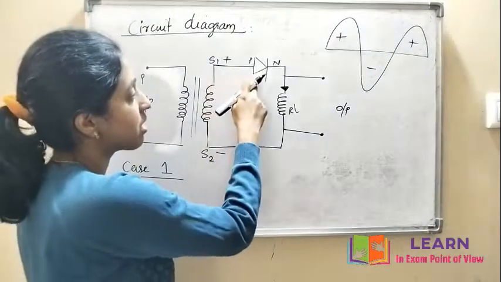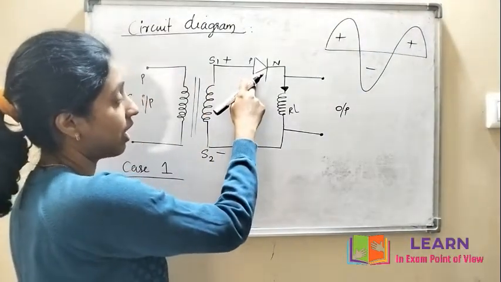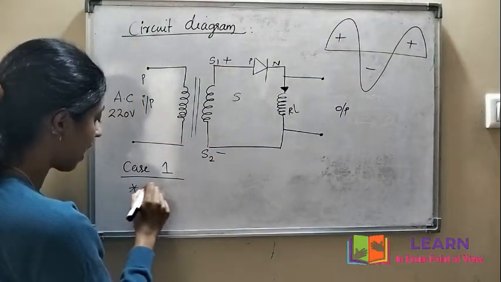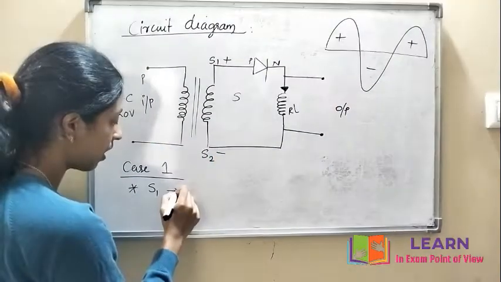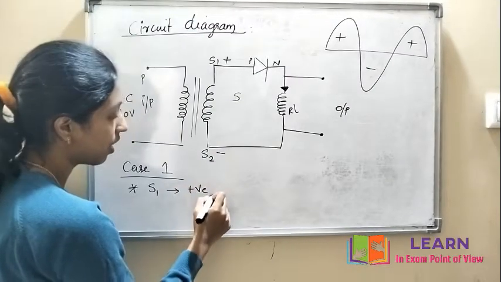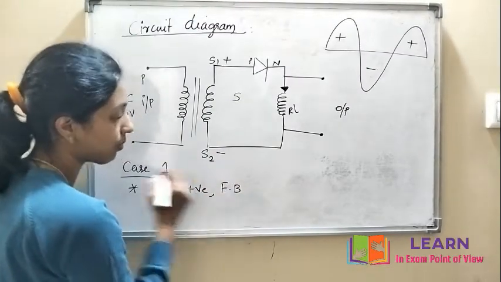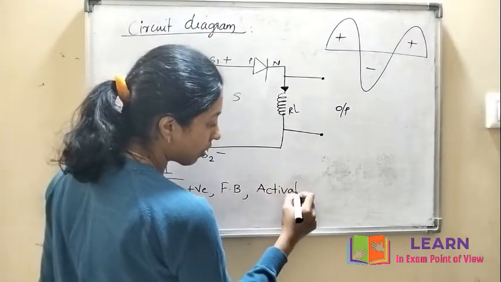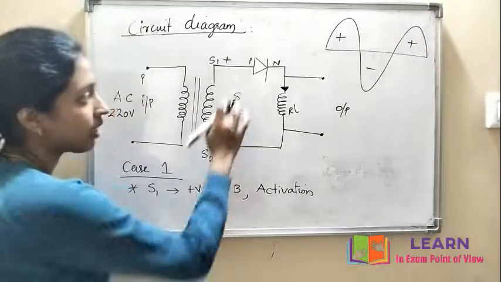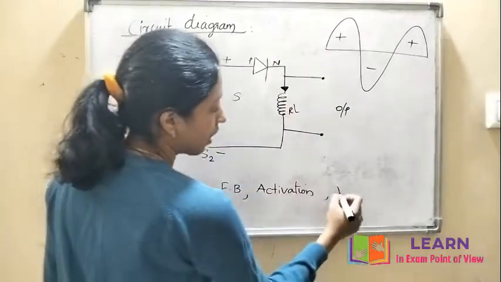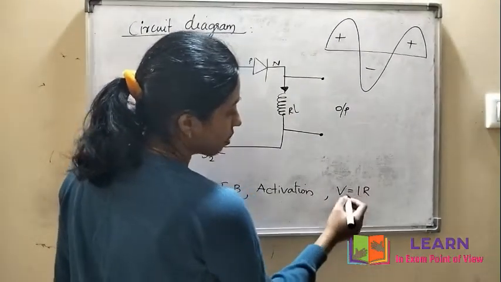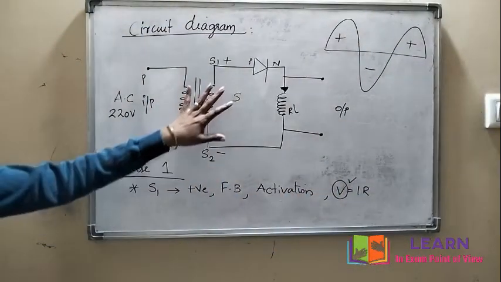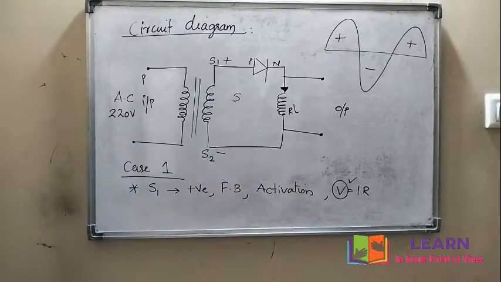That means plus is given to the P type, so it is a true connection. S1 is positive means it is in forward biasing, and forward biasing means activation mode. Here the voltage will be there according to Ohm's law, V equals IR. So we will get voltage in the first case.